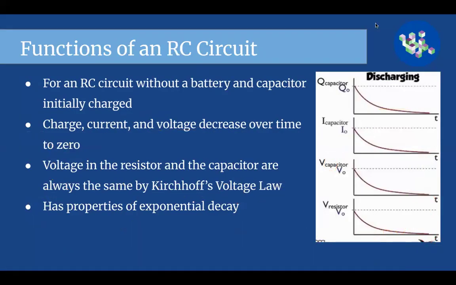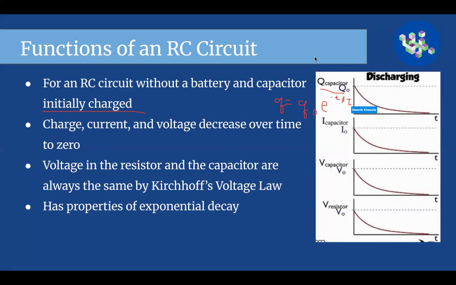For the initially charged case, we can graph this. We have Q of the capacitor as a function of time. We can use our Q equals Q naught e to the negative t over tau.